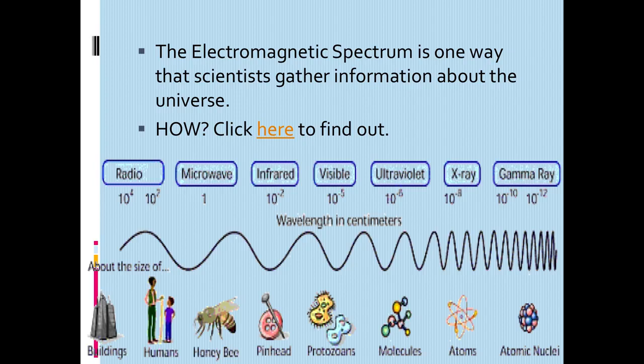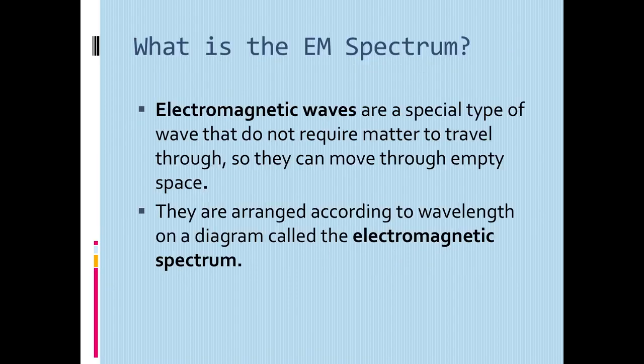If you remember, back in chemistry, I talked about the atom and how if we were to blow the atom up to the size of the Cowboys stadium, the whole atom would take up the entirety of the stadium, but the nucleus would be a marble on the 50-yard line. So that's how super duper small gamma rays can be. But they're very, very strong. Their wavelength is the shortest, and their size is the smallest, but they're most powerful.